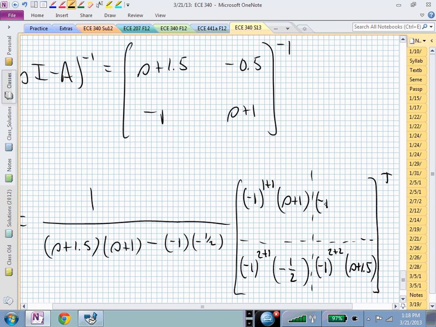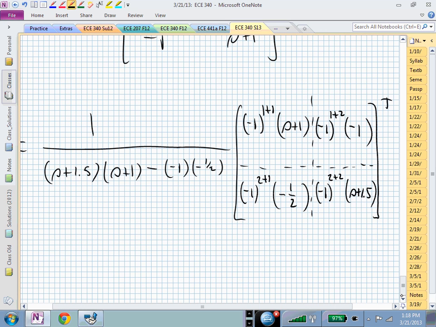Up here I have -1 to the 1 plus 2. I remove the first row, I remove the second column, take the determinant of what's left, and I have a -1. And if we do all the algebra, the determinant becomes s squared plus 2.5s plus 1.5.